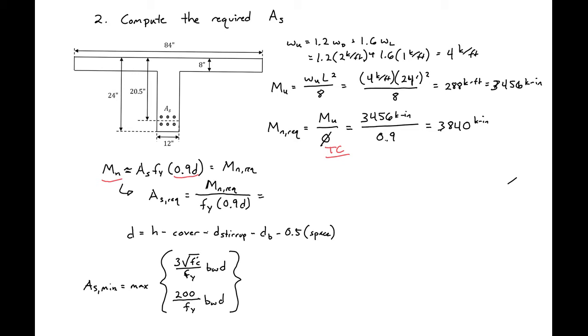So we'll have MN required, 3,840 kip inches divided by our FY, 60 KSI, times 0.9, times our D, which we found to be 20.5, assuming our number 8 bars. So then we'll get an AS required of 3.47 square inches.